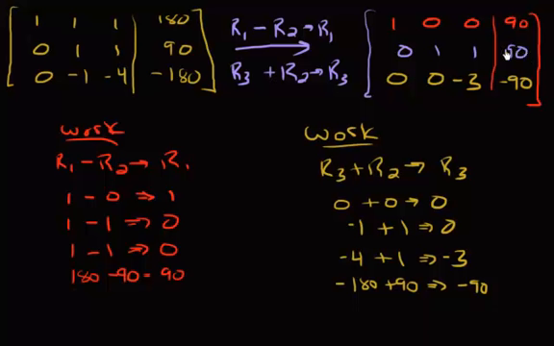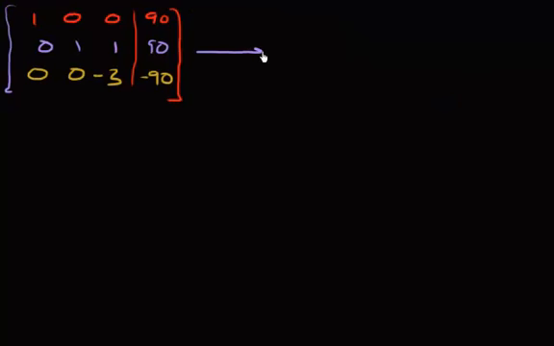All right, we're getting really close to being done. So now let's use this matrix. Notice that I just need to change that into a 1. So I'm going to multiply the third row by negative 1/3. So let's go ahead and do that. So negative 1/3 times row 3.